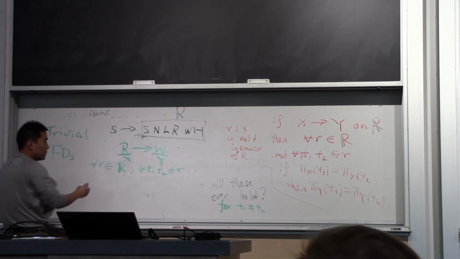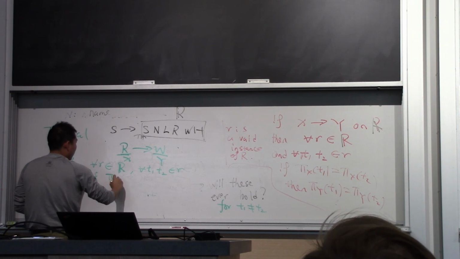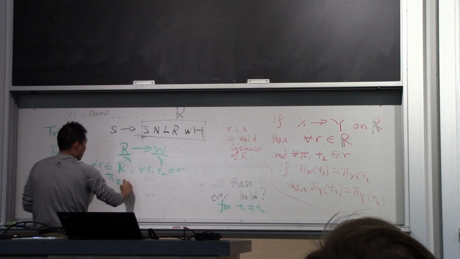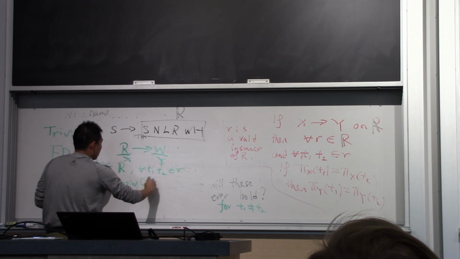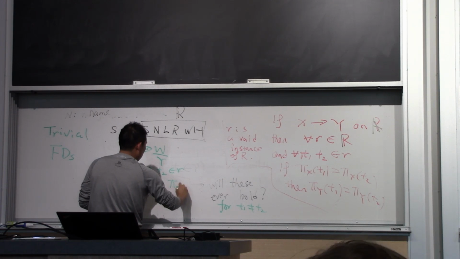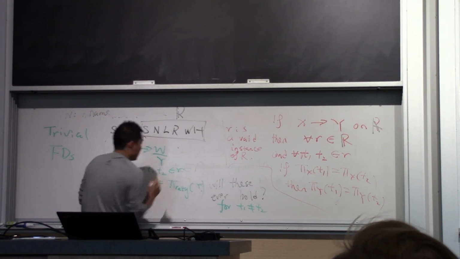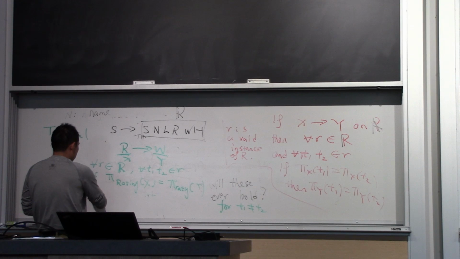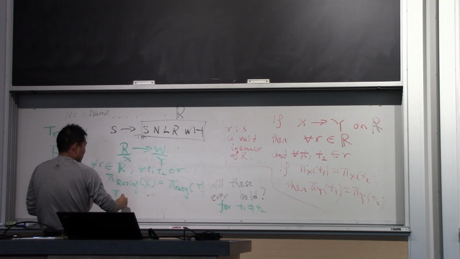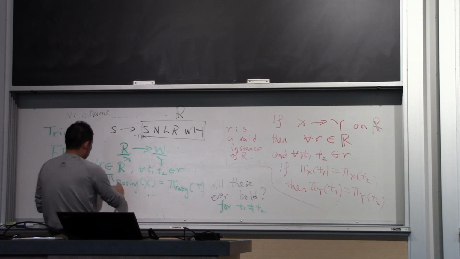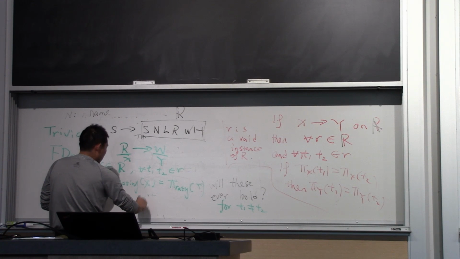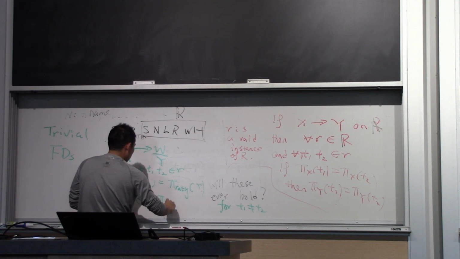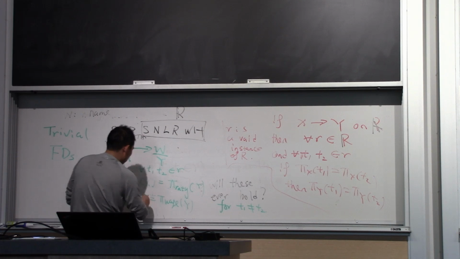What does this mean? That means if projection of R rating on X equals projection of rating on Y, then projection of wage of X must equal projection of wage of Y. Note that I'm simplifying.